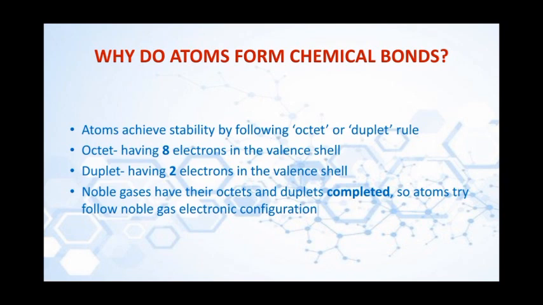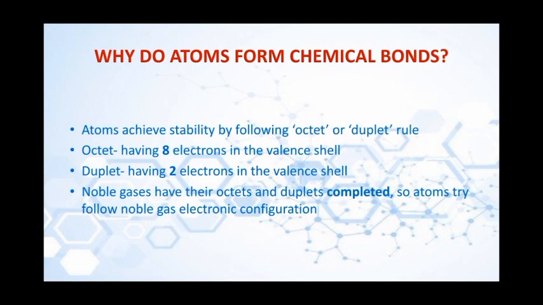So why do atoms form chemical bonds? Atoms have to achieve stability by following the octet or duplet rule. We know that having 8 electrons in the outermost shell means the octet rule, and having 2 electrons in the outermost shell is basically the duplet rule. So in this regard, atoms have to follow the electronic configuration of the noble gases, right? We all know what noble gases are.